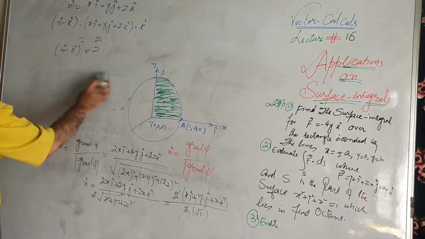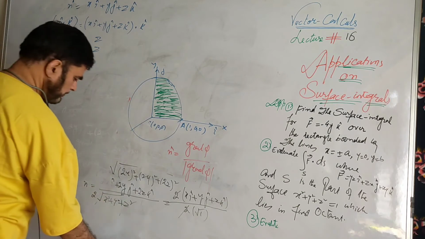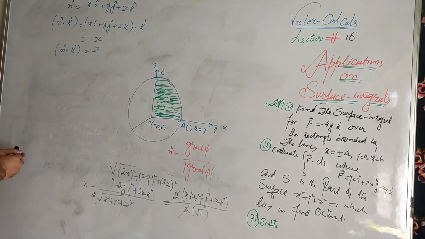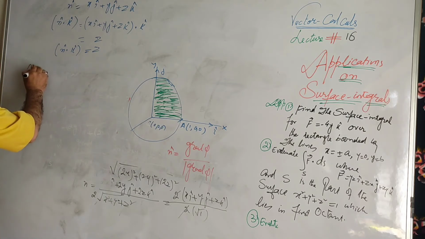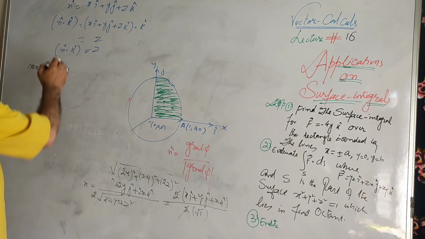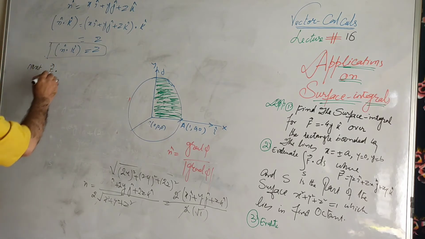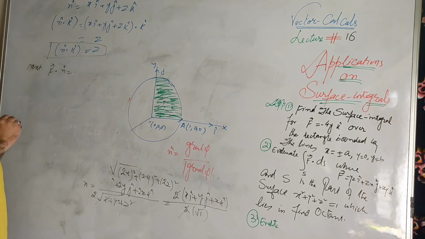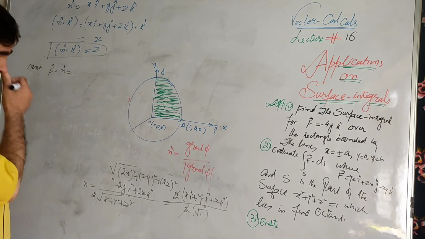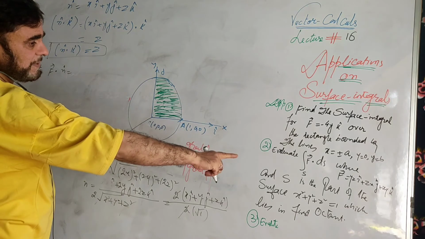Next, you find out f dot n cap. You just underline this, we require f dot n cap in the double integral. What is your f? Write it again.